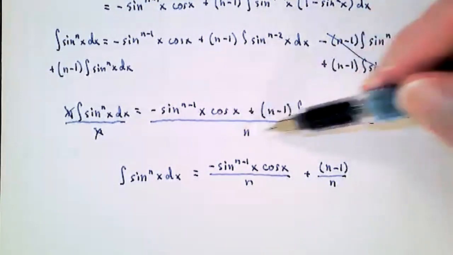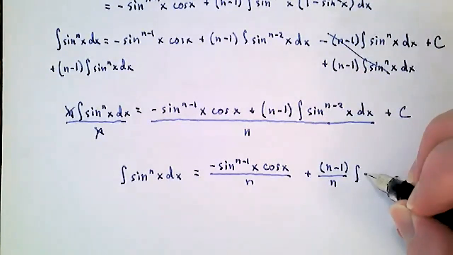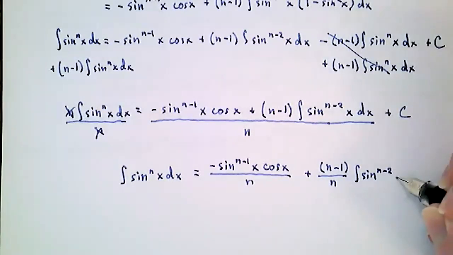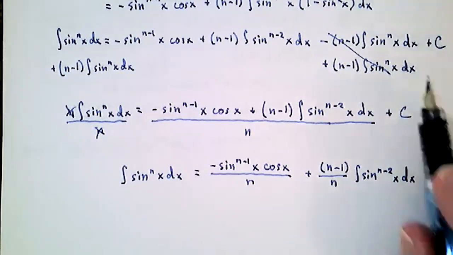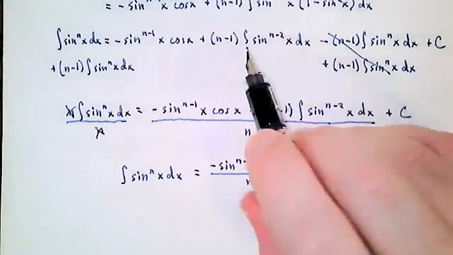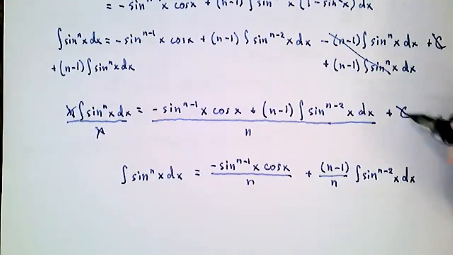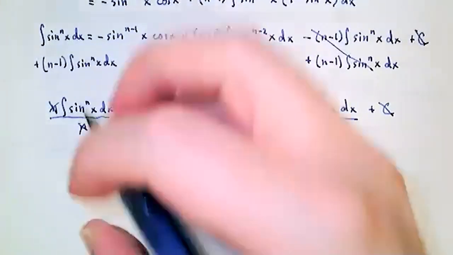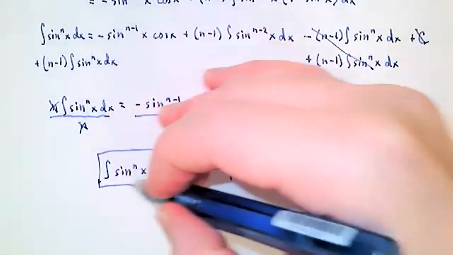So I'm just dividing both terms by n. And actually, I said we need the c here, but we still have an integral on the right, so we don't have to worry about it. Okay. So this is the rule. This is where we're going to stop.